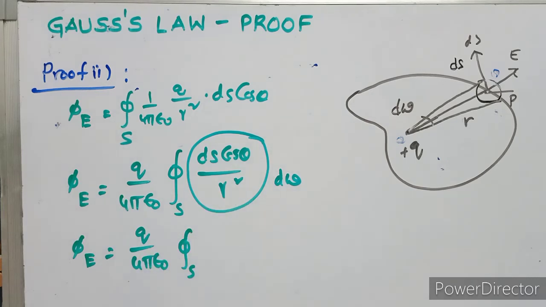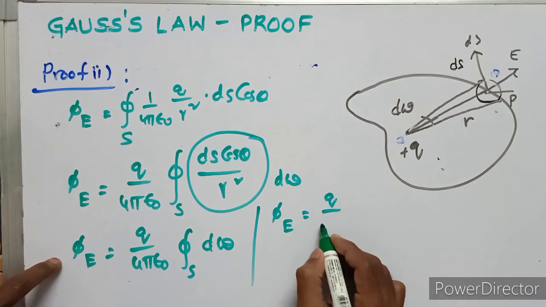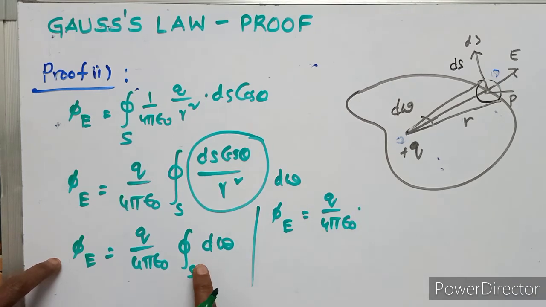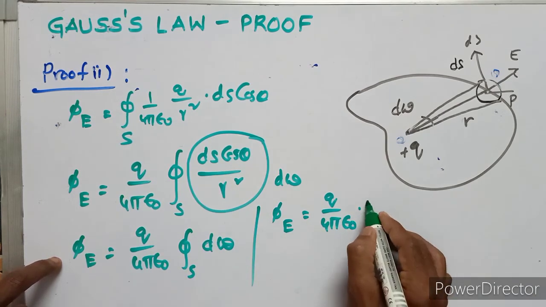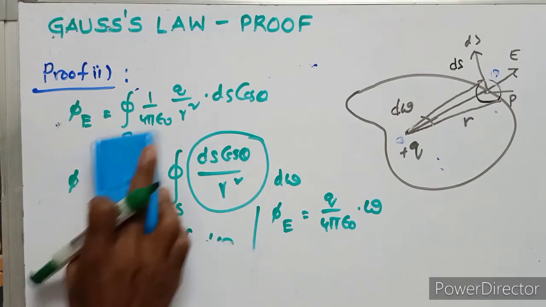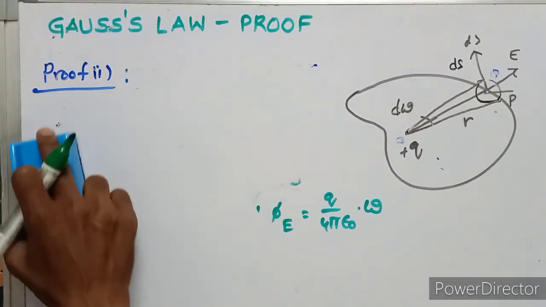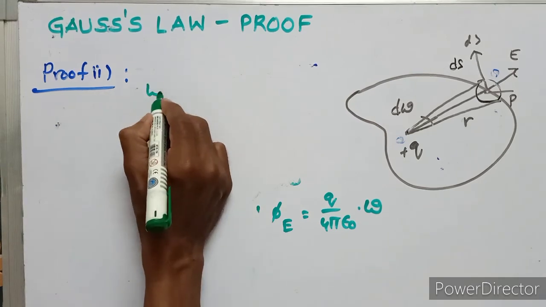This is the solid angle. What is the solid angle? The elementary solid angle. So this equation can be written as phi suffix e equals q upon 4 pi epsilon naught times the closed surface integral of d omega, which is equal to the total omega. We know that the value of the total solid angle omega is equal to 4 pi.